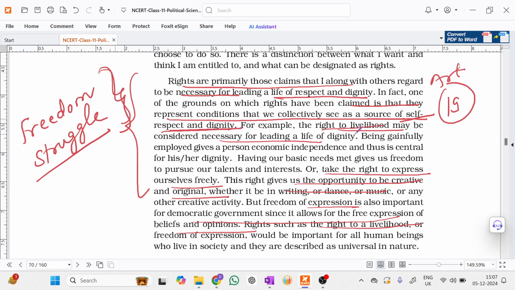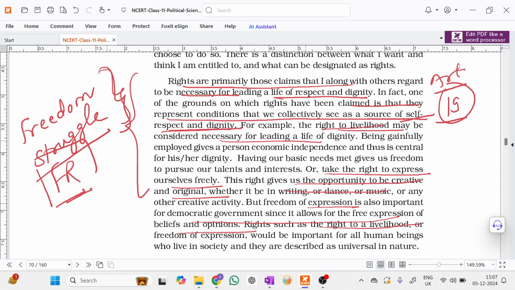Those promises were kept, and all such rights have been put in Part 3 of the constitution, known as fundamental rights. Now, Article 19 is one such right, and it concerns the right to livelihood.